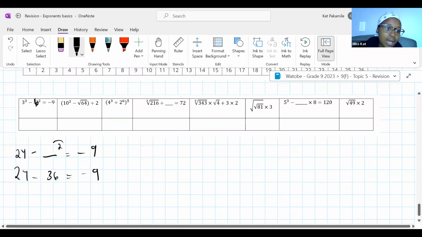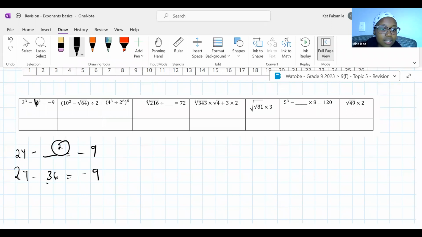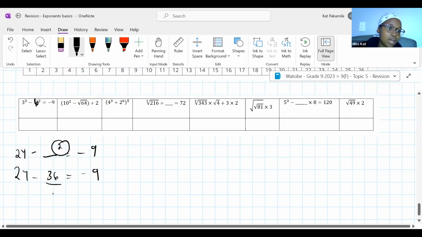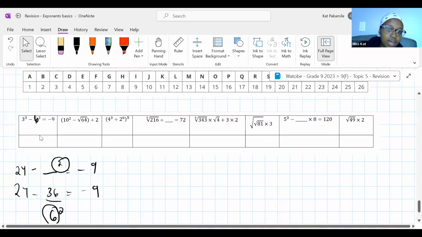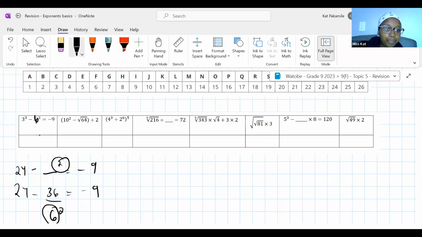But I said I wanted it in square form, and 36 is the same as 6 squared. So what was missing? Our 6. Now 6 corresponds with which letter? F. Thank you. So we have our first letter.